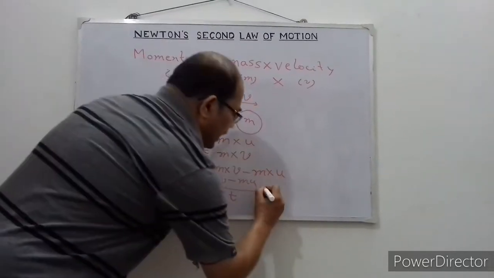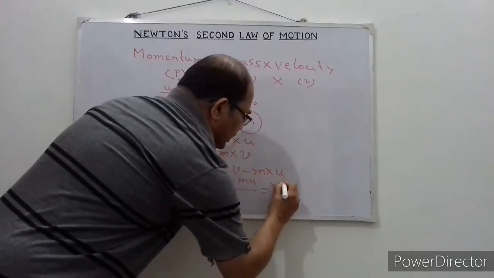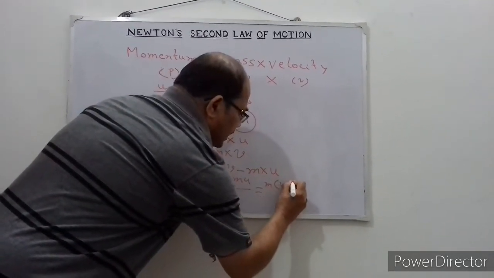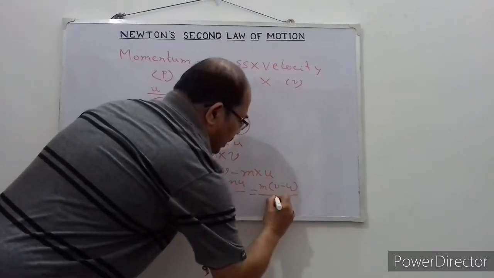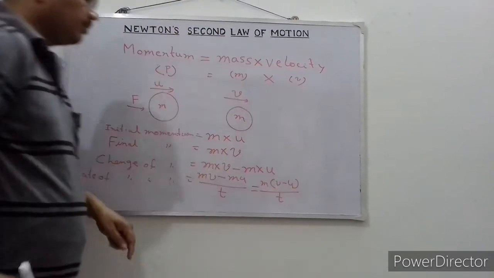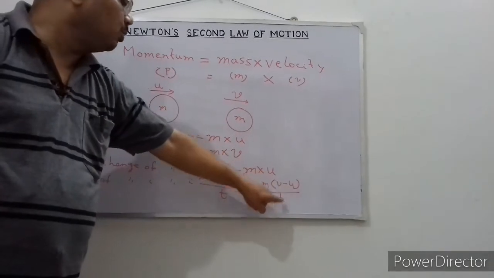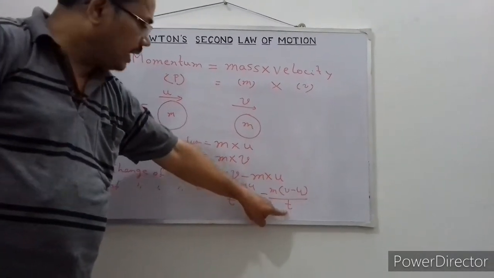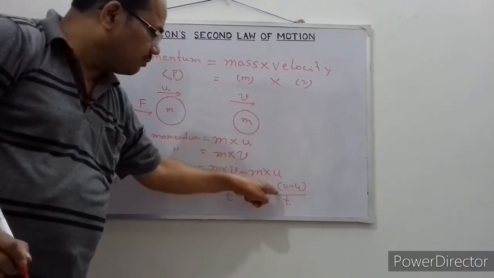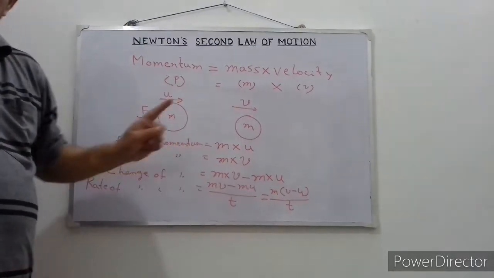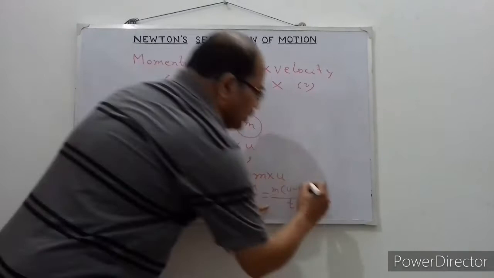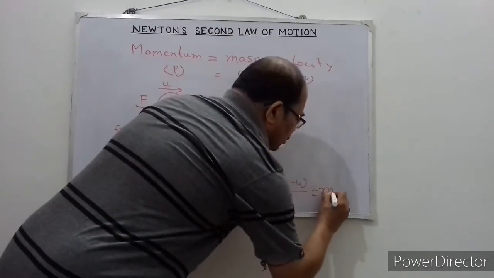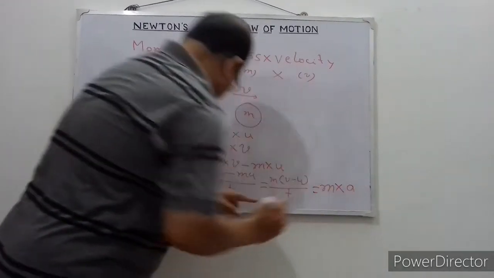If we take m common, then within the bracket, v minus u divided by t: final velocity minus initial velocity divided by time. This is the rate of change of velocity. It is also called acceleration, you know. So this is m into a.